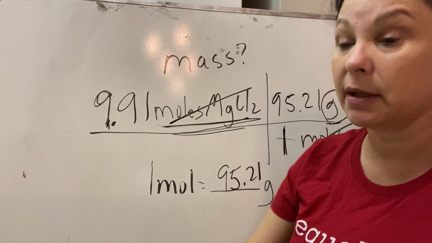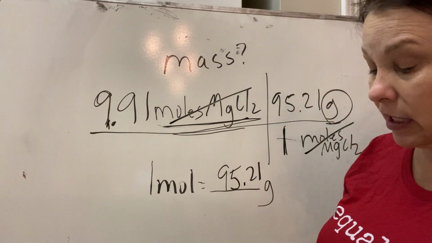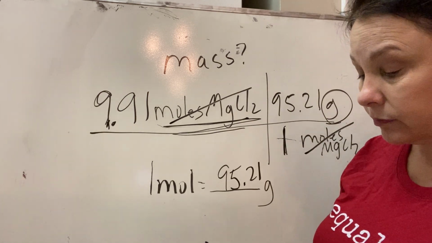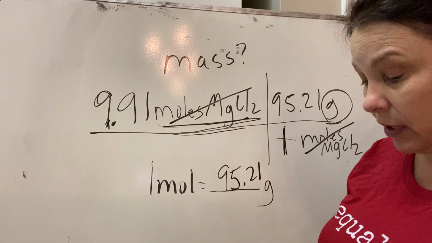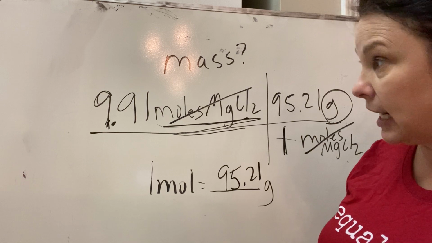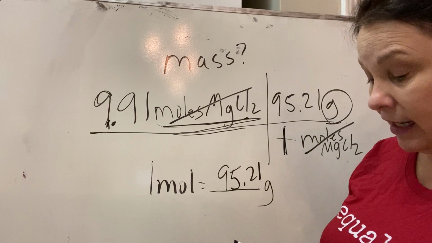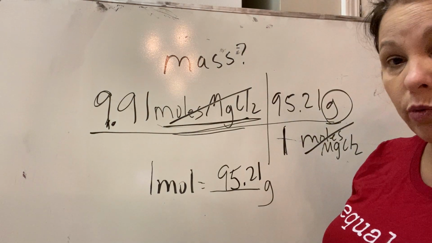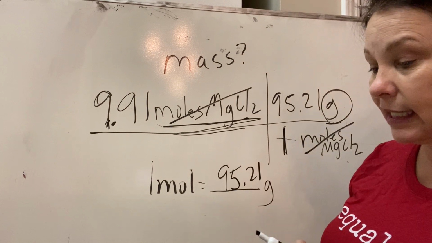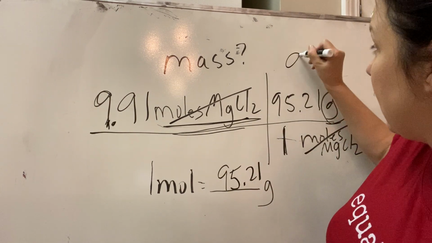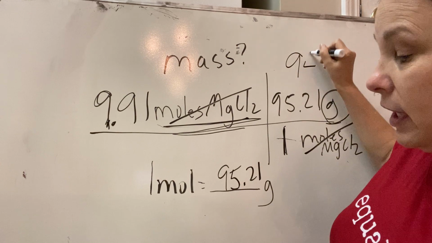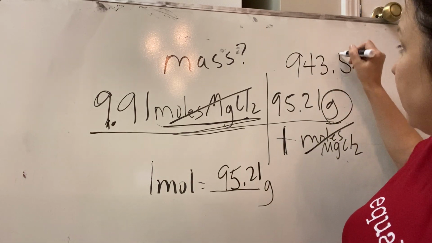So this is when I pick up my calculator, when I get to the unit I want. And I'm going to do 9.91 times 95.21. And I get 943.5.